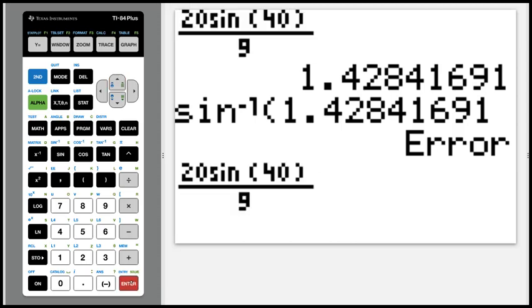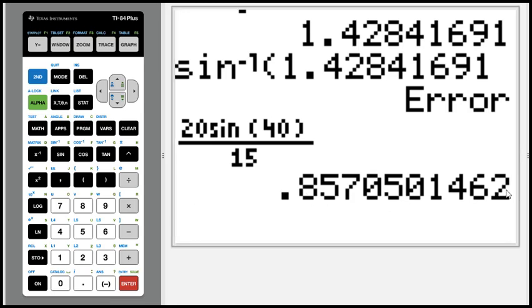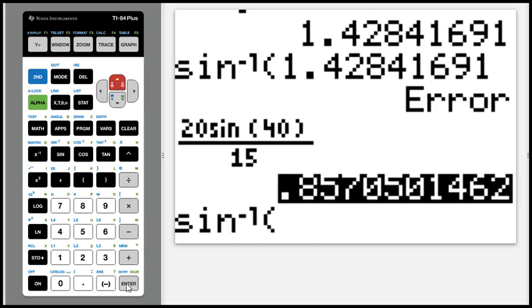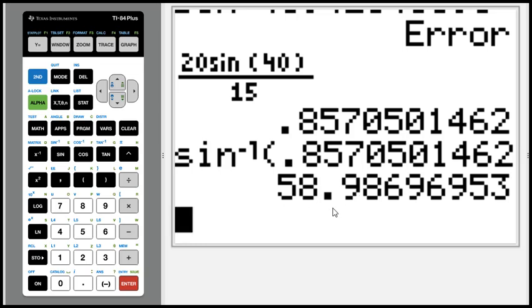We will change this 9 into 15. Then enter. This number is less than 1. So R has a solution. I can do second sine, then bring this down. You will get the acute angle 58.9869 and so on. Three significant figures will be 59.0 degrees.